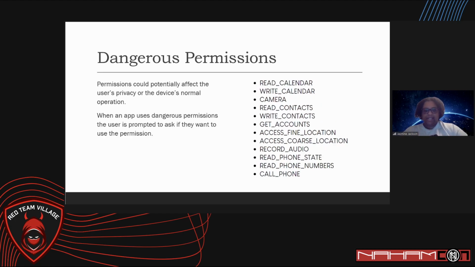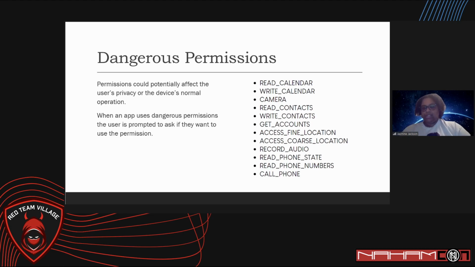Next are dangerous permissions. And remember, in the second case study, I mentioned that with the counterfeit apps, it found that there were at least 5 dangerous permissions. So these permissions could potentially affect the user's privacy or the normal operation of your device. So when an app is using a dangerous permission, your phone or you will be notified to say, hey, do you want to use this?